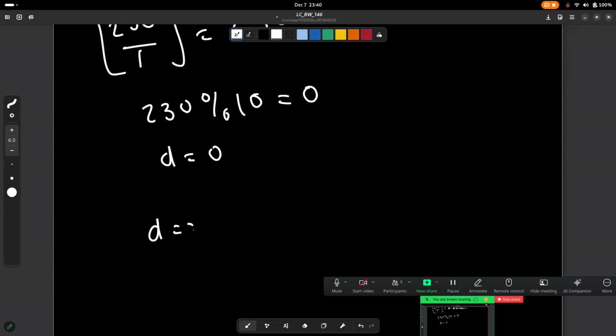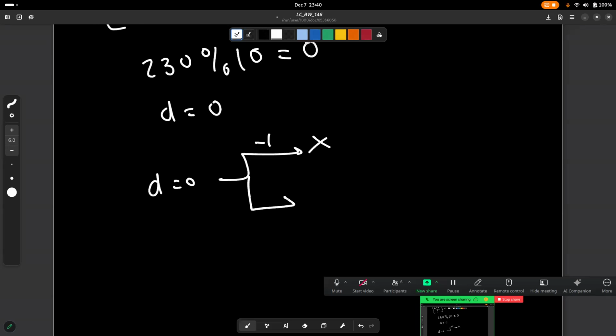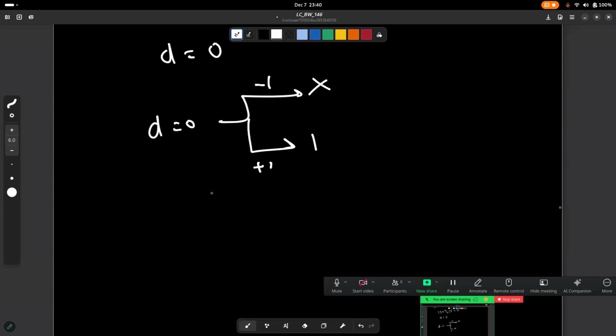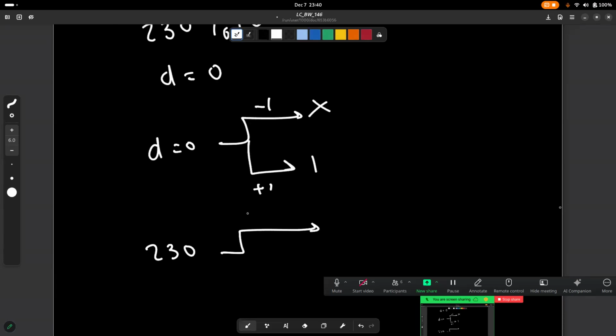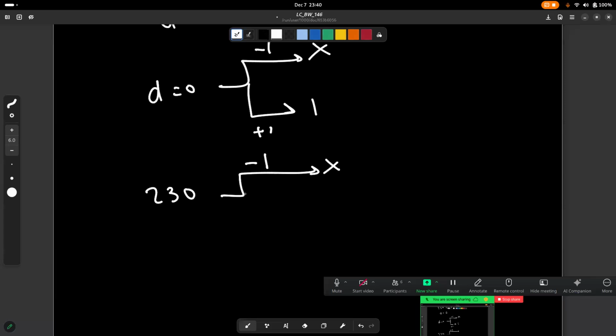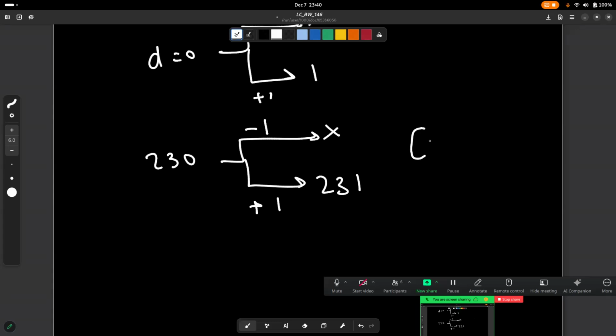Decrementing is not allowed, but you can increment this digit to make it 1. Decrementing corresponds to -1, but you can't do that. But you can increment it, so you can do +1, that is plus base. You can go to 231. So our neighbor array will contain 231.